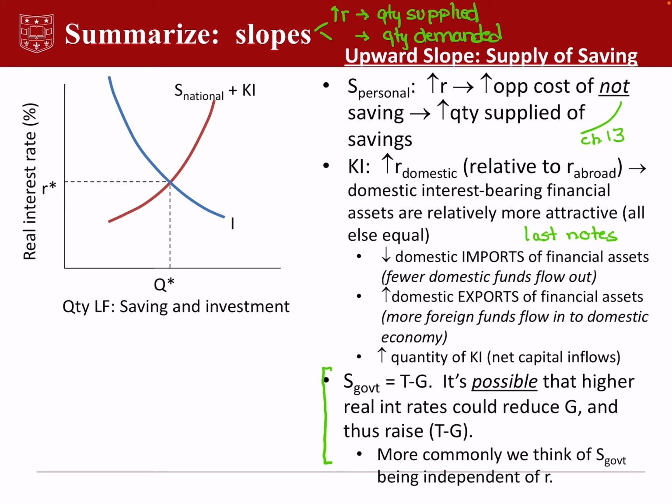And so we tend to think of savings by the government as being independent of the real interest rate. But in chapter 18, you'll see a graph that shows higher real interest rates discourage the quantity of government expenditures and vice versa. I'll revisit this story in that context. But if there is an effect, it's not particularly strong.